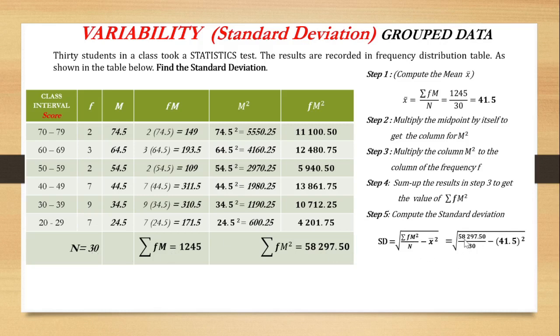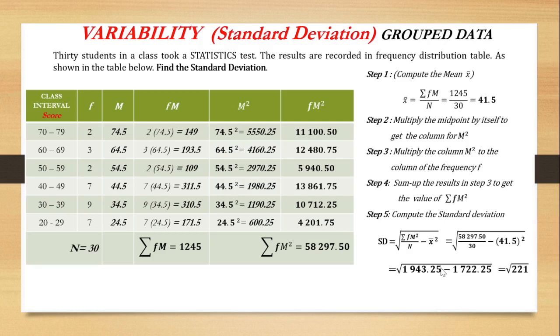So we have 58,297.50 divided by 30 minus our mean, 41.5 squared. Simplifying further, as we divide this one, that gives us 1,943.25 minus the square of 41.5, which is equal to 1,722.25.